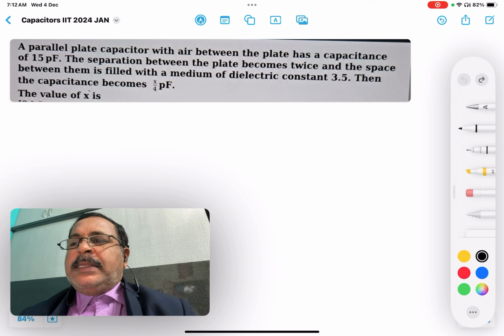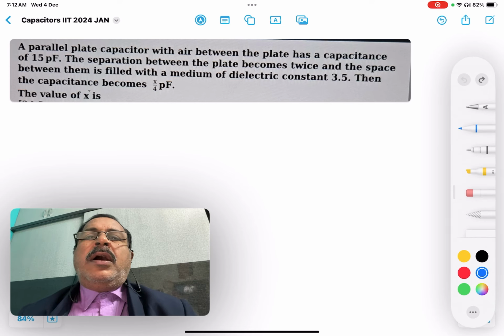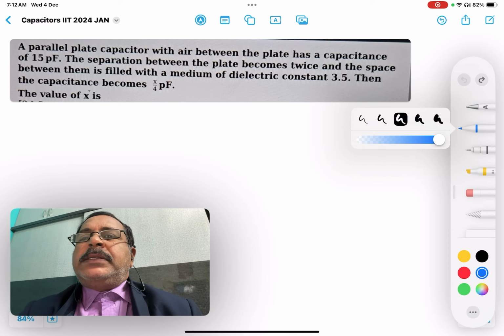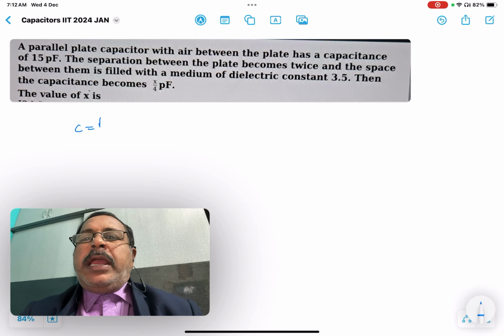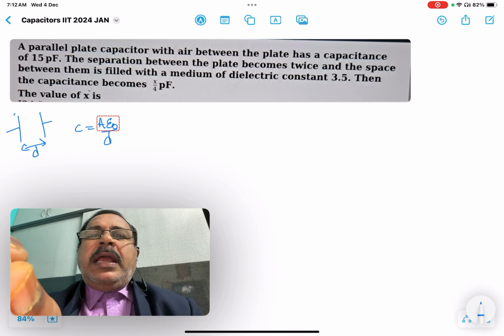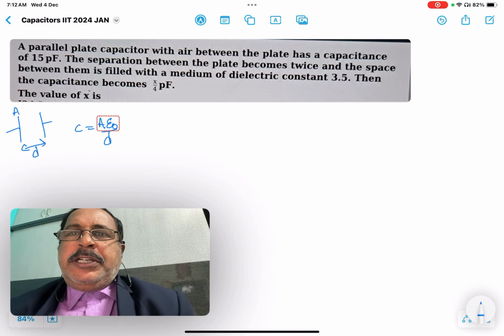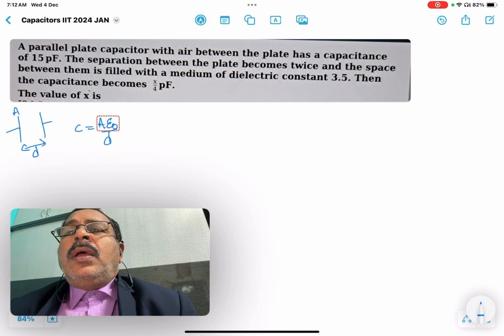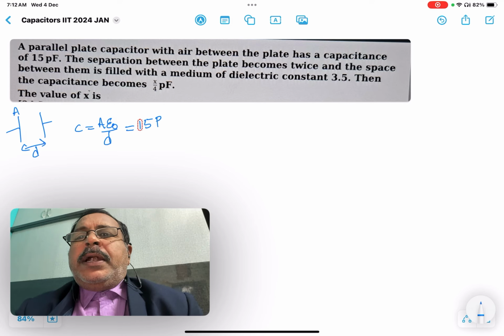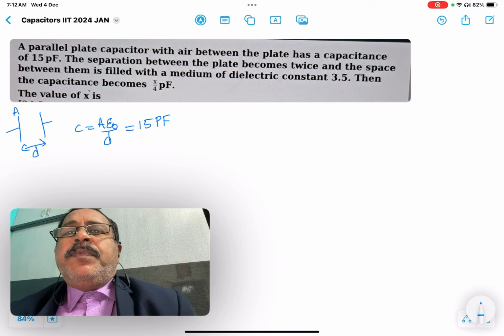That means the capacitor C equals A epsilon naught by D. We know this parallel plate capacitor: D is the distance between the plates, A is the area of the plate. Now, this capacity value is given as 15 picofarad, right? Equation number 1.